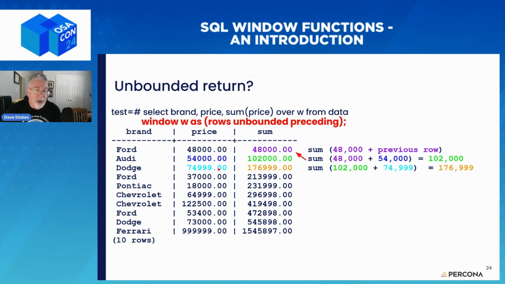Third row is a Dodge for 75K. We add that to the number above, and we get this number. So we're basically saying, okay, I want the information for the current row and the stuff that preceded it. That's what rows unbounded preceding means.